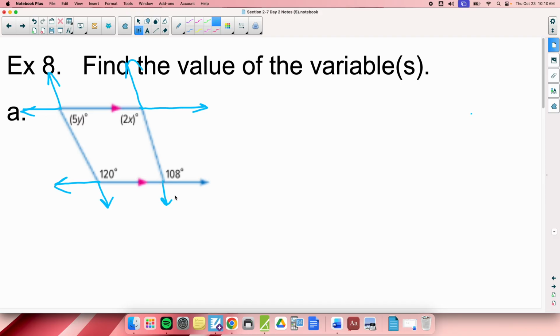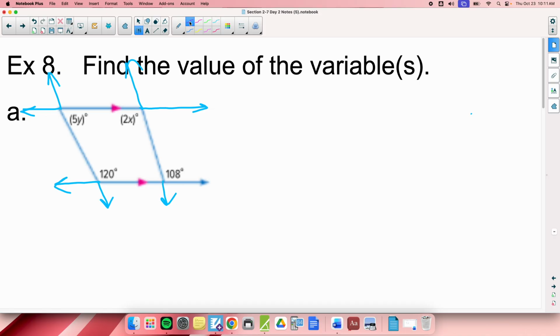Now, we have two problems. We have one to solve for y and one to solve for x. In this case, the 5y and the 120 lie along this line, so we're going to solve for y with those. The 2x and the 108 lie along that, so we're going to solve that with that. Let's start with the 2x.